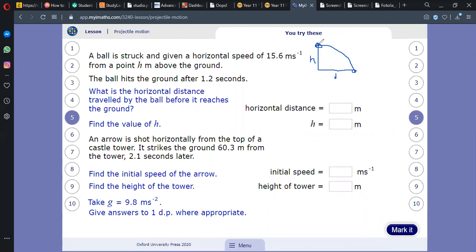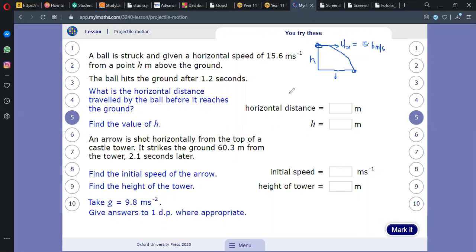Then we also see that this is ux, the initial velocity horizontally, which is given as 15.6 meters per second.